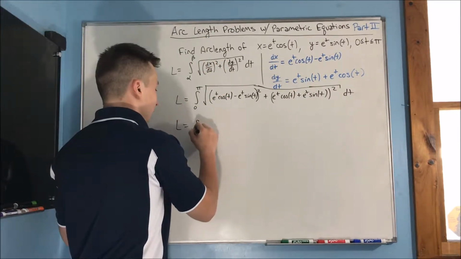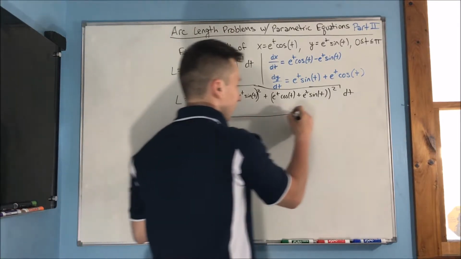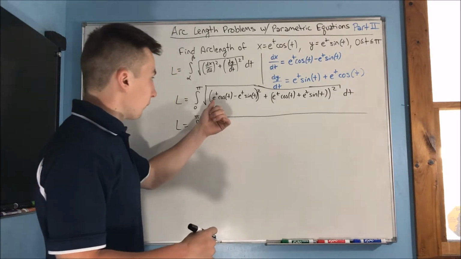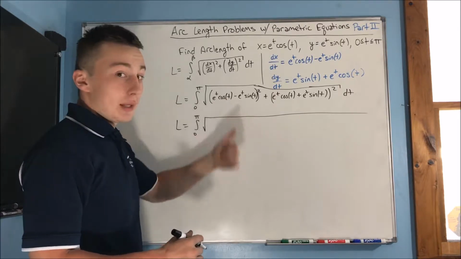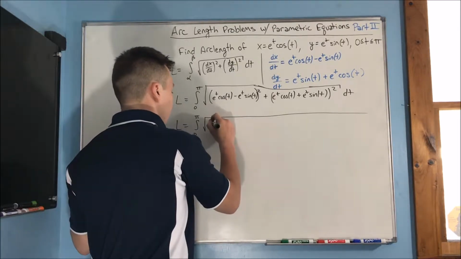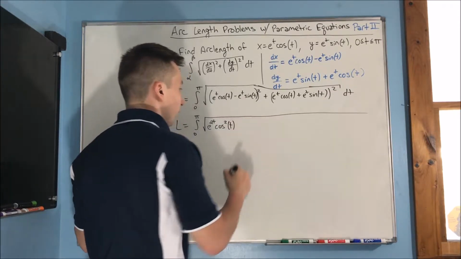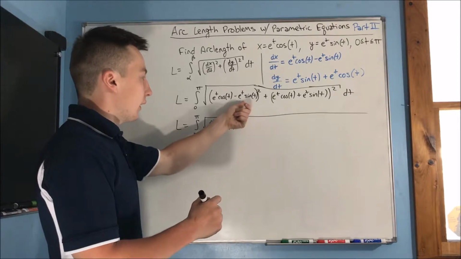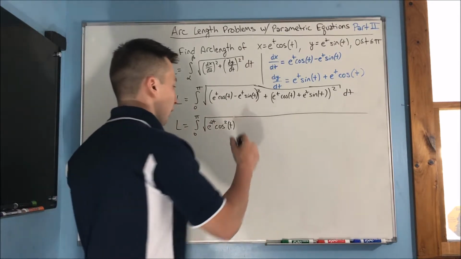Arc length is going to equal the integral from 0 to pi of the square root of, let's start some foiling. We get e to the t cosine t multiplied by itself to get e to the 2t cosine squared t. Before we do that middle term, we're going to have e to the t sine t multiplied by itself. Doesn't matter that it's negative, it's just going to become positive.